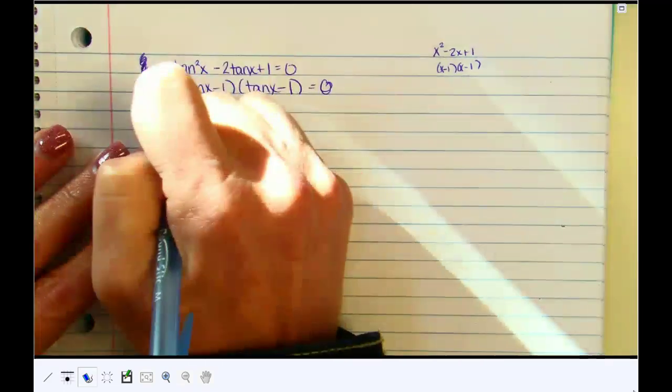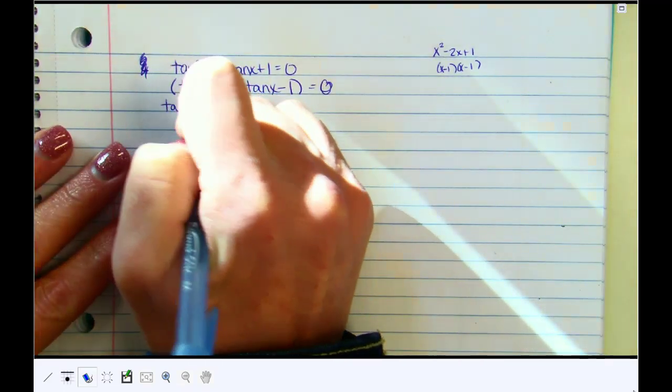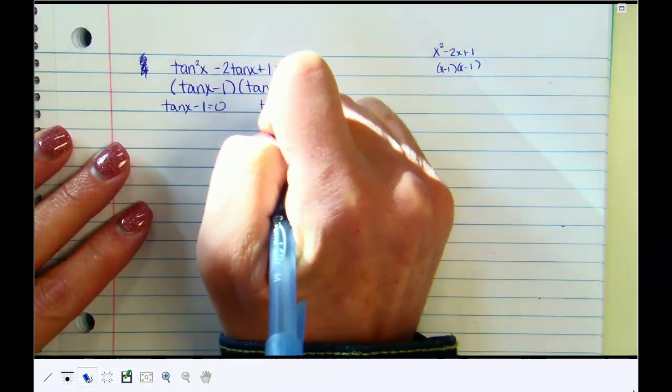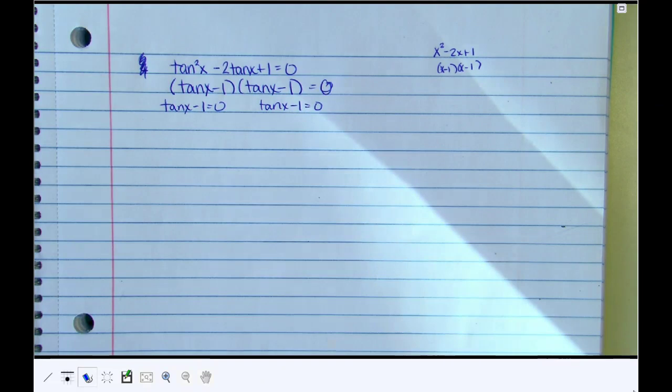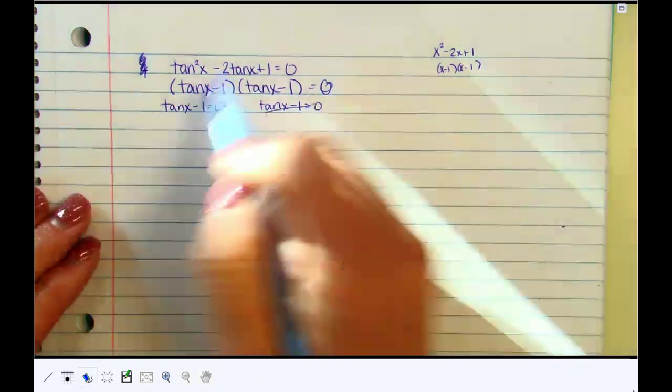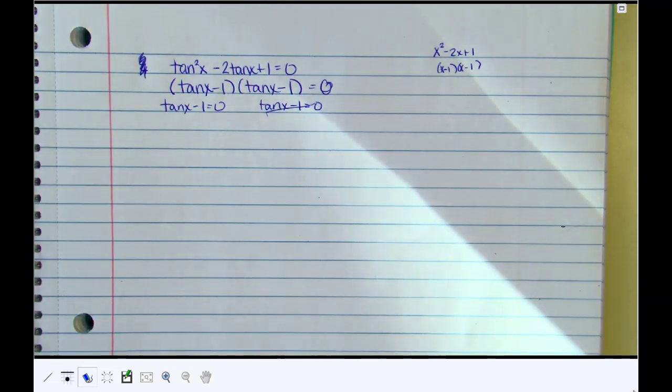Life is really nice for you right now, because what's true about both of those equations? They're the same, so you only have to solve one. But notice you're back to that basic type equation, which is your goal. When you're solving a trig equation, you have to get yourself back to a basic equation, because that's what you know how to solve.